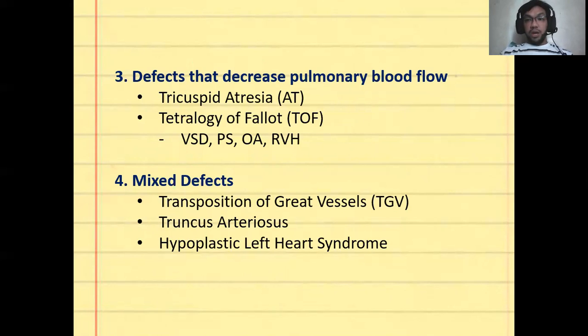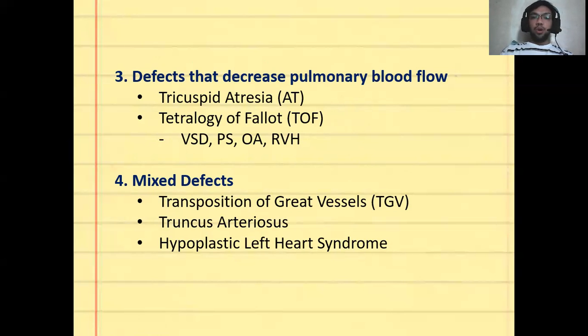There are four defects under tetralogy of Fallot. Remember PROV, PROV, PROV. What is PROV? That is pulmonic stenosis. We have right ventricular hypertrophy.